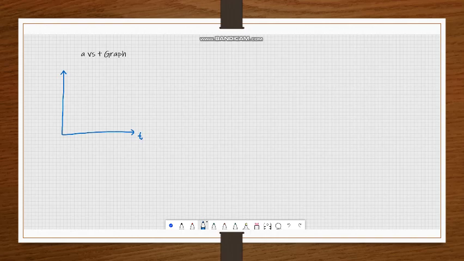Let's draw again a graph of a and t, and let's assume again a curve like this, acceleration versus time graph. So the acceleration changes along the curve with respect to time and is not constant, and in this case we need to go backwards.